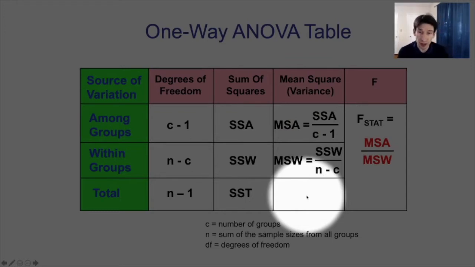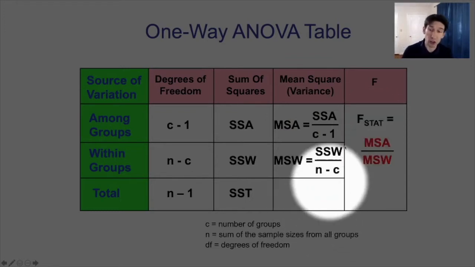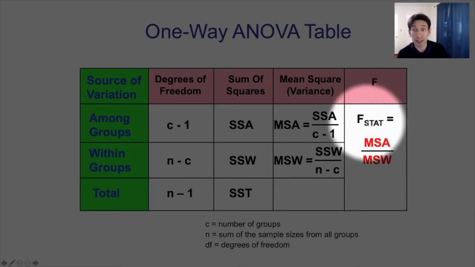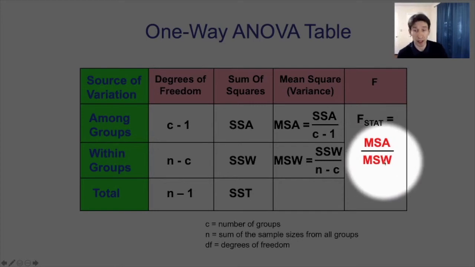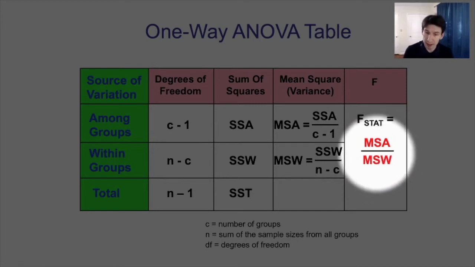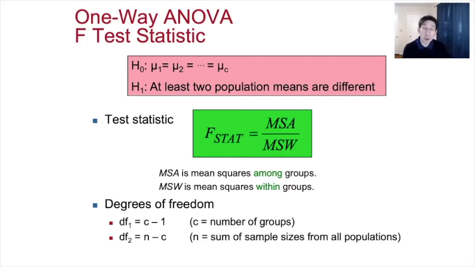Why do we not use it that much? Because the goal of ANOVA is to calculate this F-stat, and the F-stat is the MSA divided by the MSW. As you see, the MST is not here. Okay, so the goal of all of this was really just to compute this F statistic. This F statistic is the statistic that allows us to test the hypothesis H0.